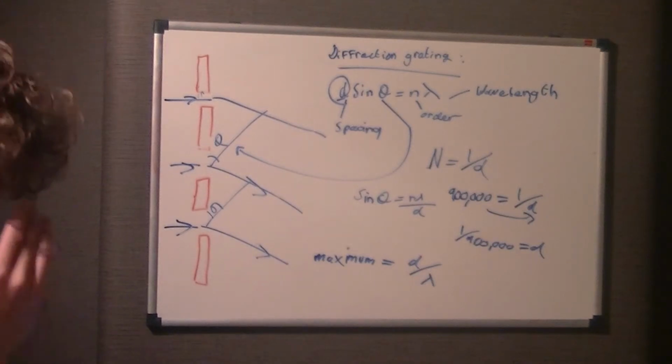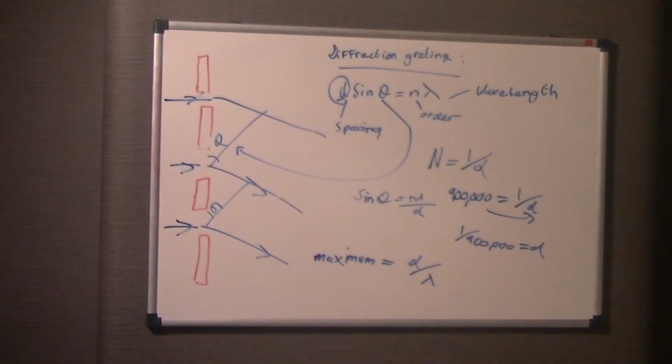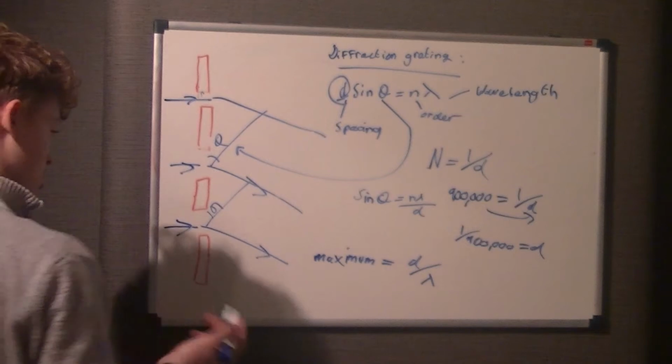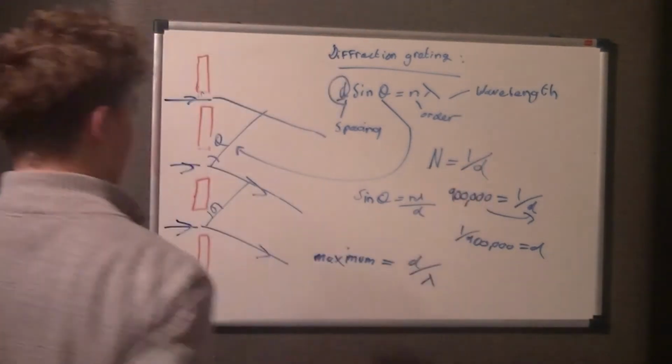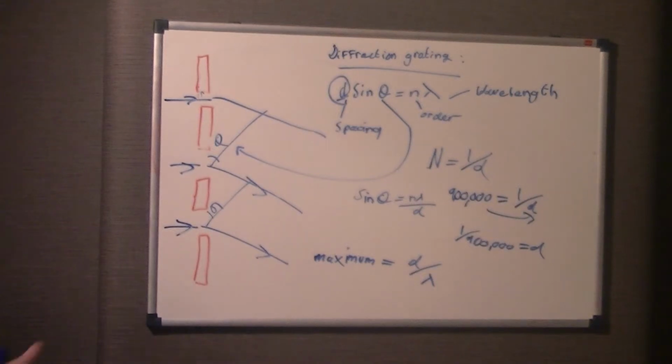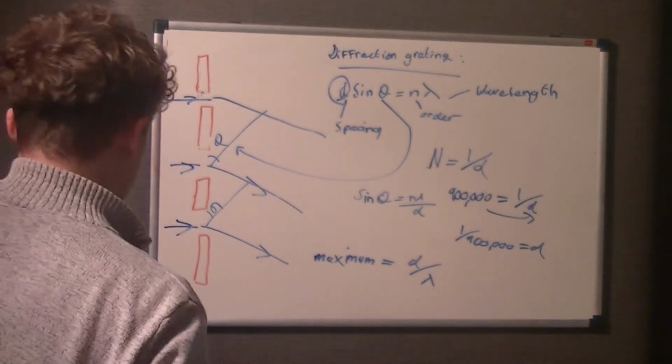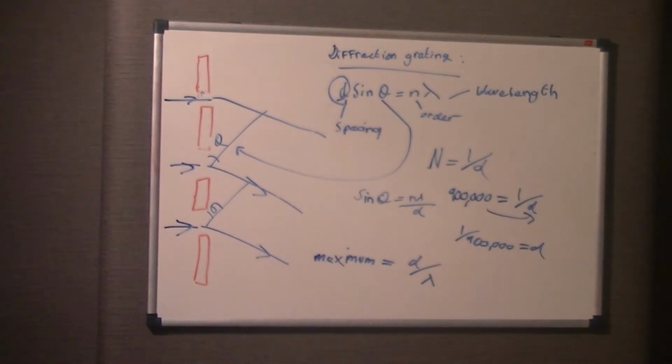That's just how it is. That is the formula that's given in the book. I was just checking it before, making sure d and lambda were that way round, and they were. So d is the spacing, and lambda is the wavelength.